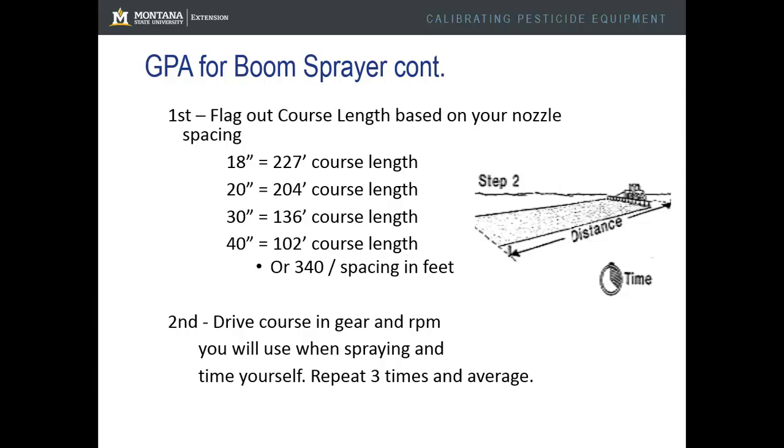Next, you should drive the course test strip at the gear and RPM you will use when spraying, and time it. You should repeat this 3 times and take the average. Let's say the average time to drive the course test strip is 90 seconds. You should always be wary of the terrain you will be spraying when setting speed, as you must drive the same speed when spraying as when driving the test strip.